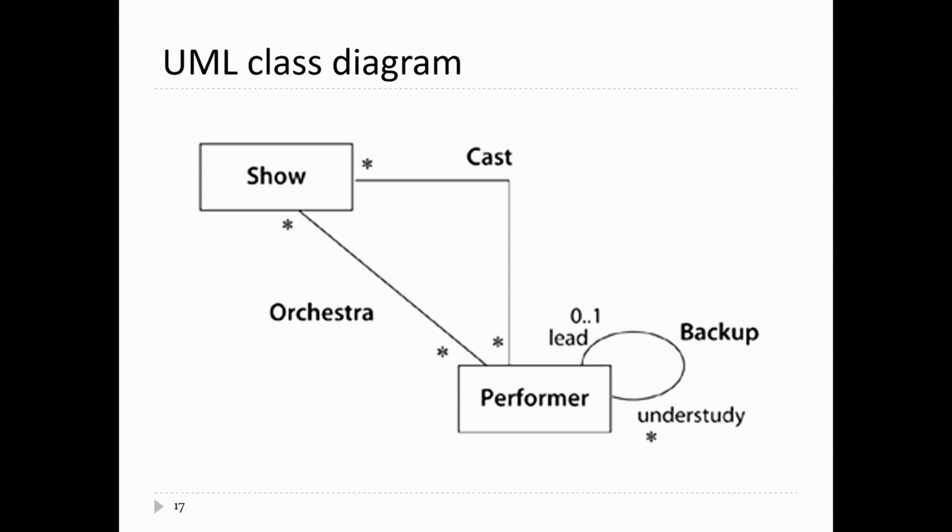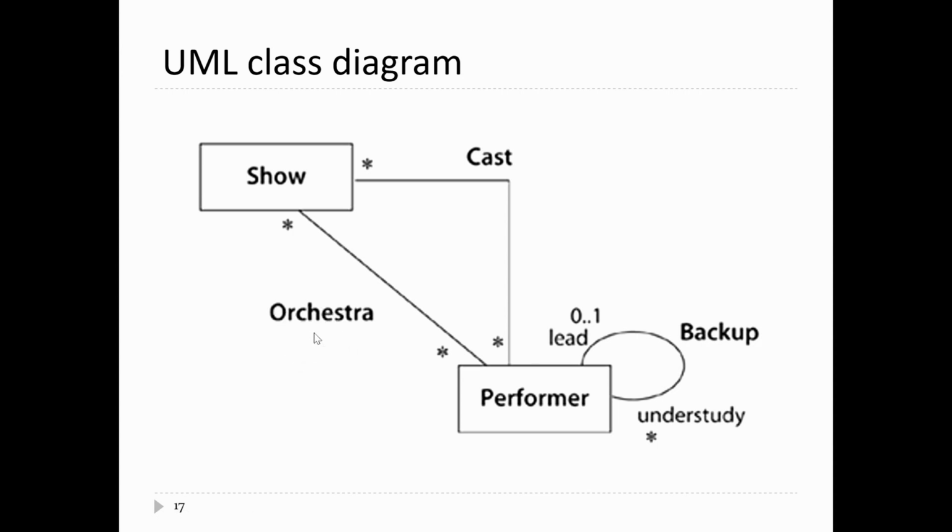So imagine there's a Broadway show or a live play. You might have an orchestra. Similarly, you might have a cast. In the orchestra, each show has zero or more performers, and a performer might be a performer in zero or more shows.